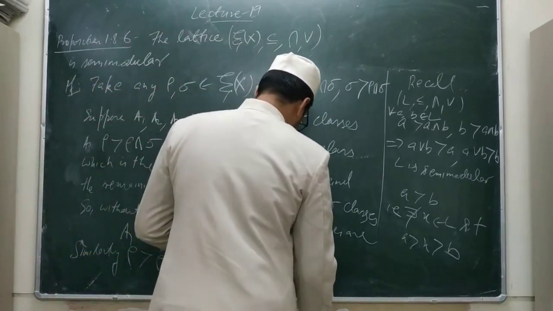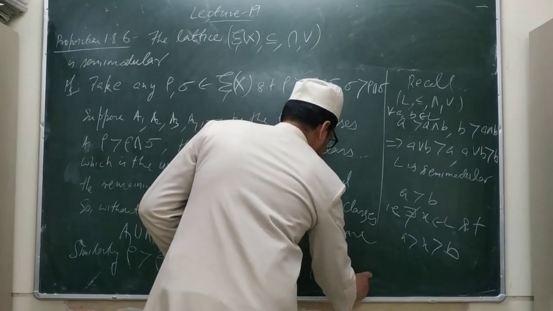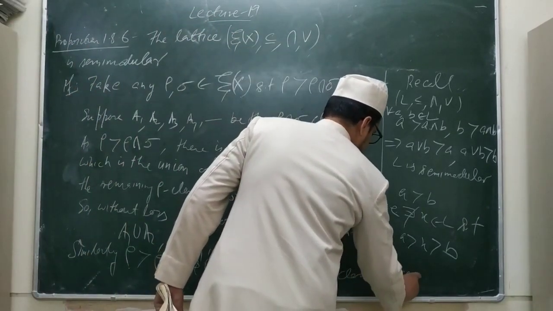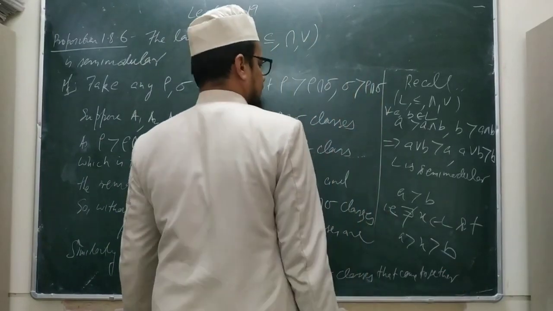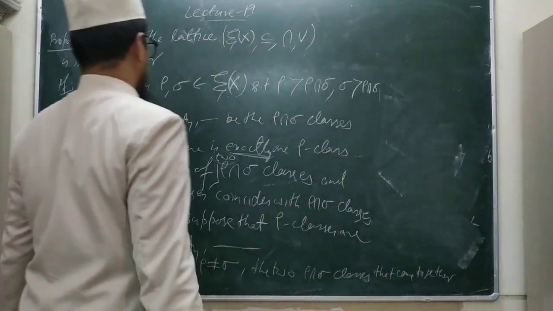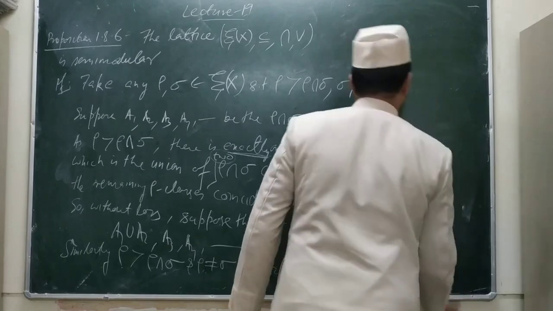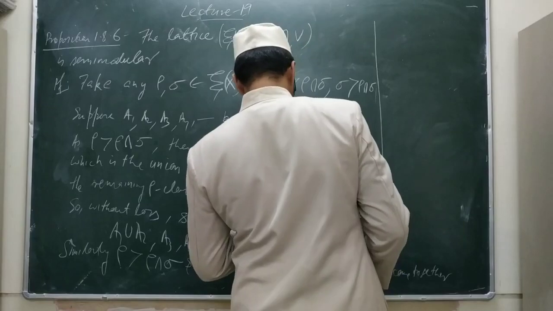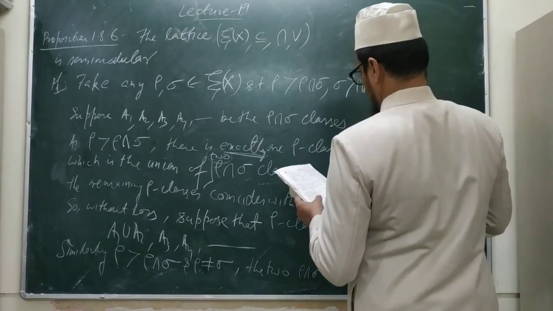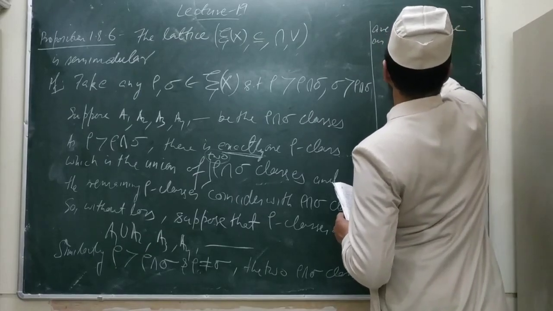The two rho intersection sigma classes that come together in sigma are not the same as those that come together in rho.